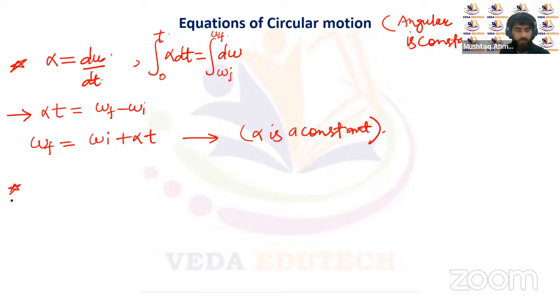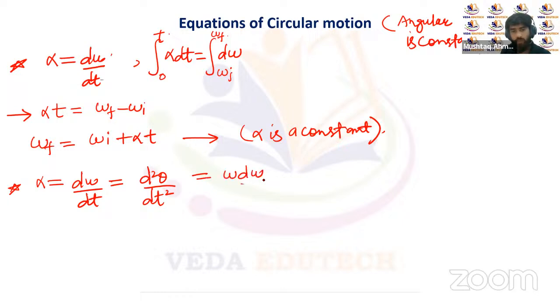Similarly, we can write the equation alpha equal to d omega over dt. That's the first derivative of the angular velocity with respect to time, or the second derivative of the angular position with respect to time. Or we can also write it as omega d omega by d theta.